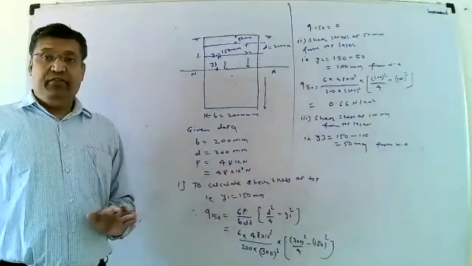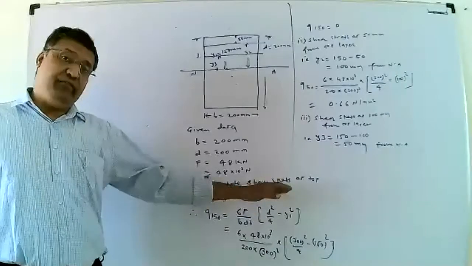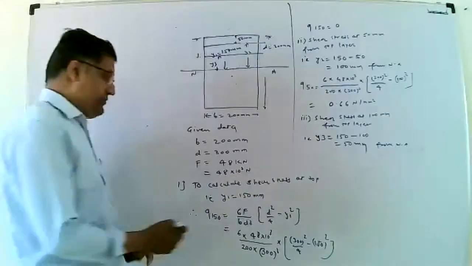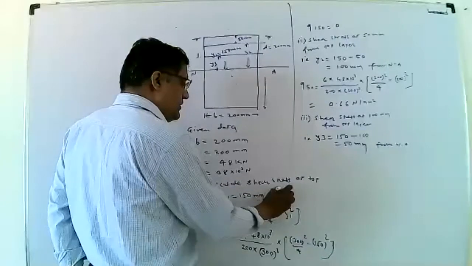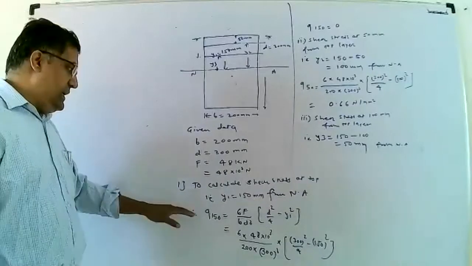For our convenience, we consider it as y1, equal to 150 mm from the neutral axis or neutral layer.